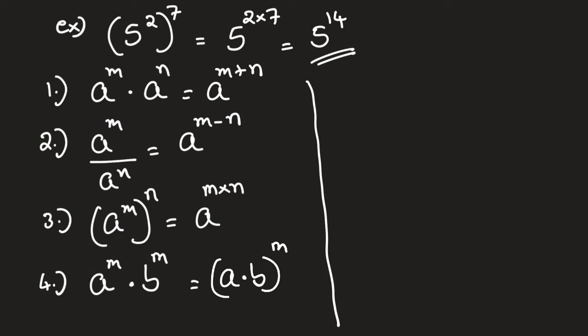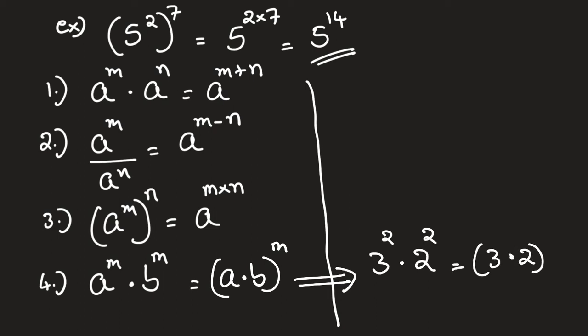For example, for this, 3 to the power 2 times 2 to the power 2 can be written as 3 times 2, the whole thing to the power 2, which is of course 3 times 2 is 6 and 6 to the power 2. We have another law over here.